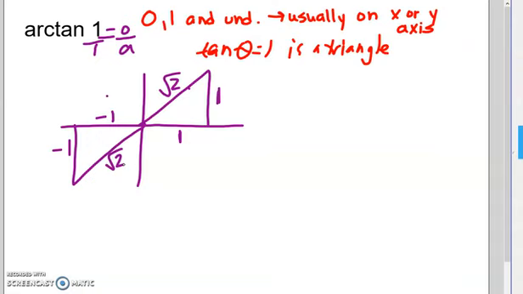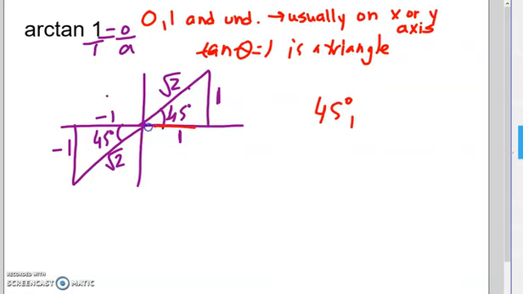Then the final step here is to figure out these angles. So we know 1, 1, the square root of 2. This is familiar to us. This is a 45, 45, 90. The reference angle in both cases is 45 degrees. Okay, so now from 0 to 360, what are the possibilities? We have 45 degrees. That's a possible answer.